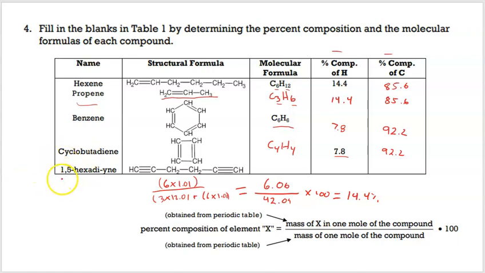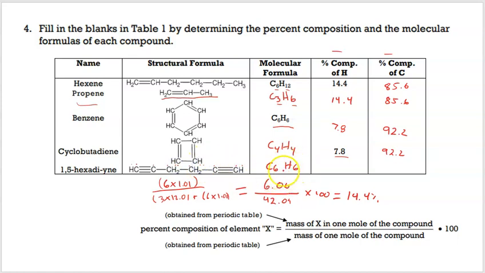All right. Now, then we have 1,5-hexadiene. This is organic naming, by the way. So let's look at our molecular formula. I have 1, 2, 3, 4, 5, 6 carbons, C6. Then I have 1, 2, 3, 4, 5, 6 hydrogens, C6H6.